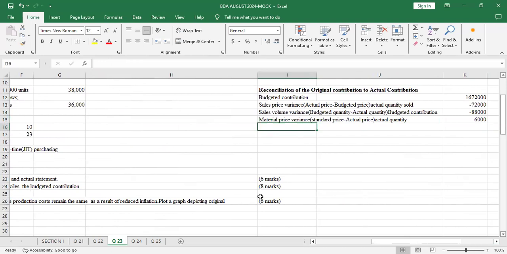So we continue. We'll also look for the material usage variance.